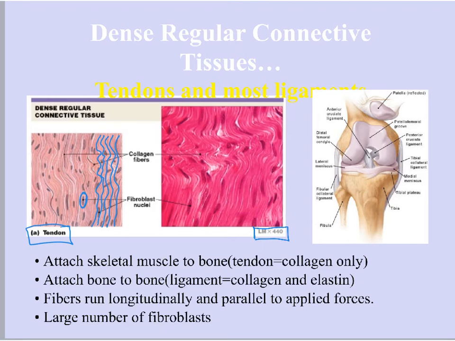The fibroblasts. Now, these authors are saying those are the fibroblast nuclei. Don't worry about that. I don't know why they're just pointing to the nuclei. So those are fibroblasts. Remember, the function of fibroblasts is to assemble and secrete the fibers. So if you've got fibers there, you must have fibroblasts there.